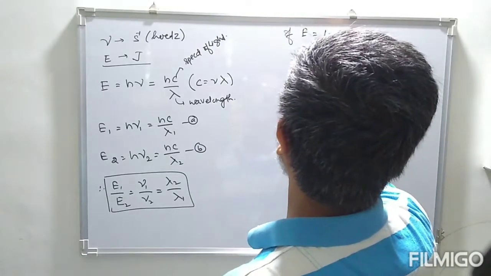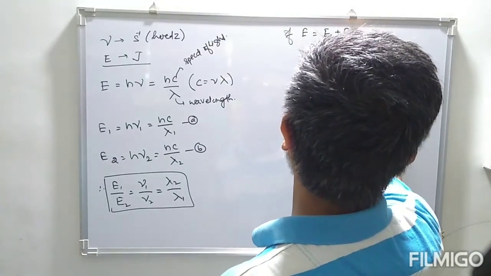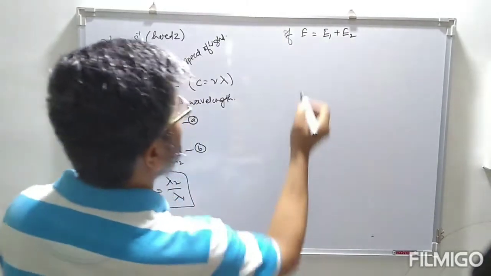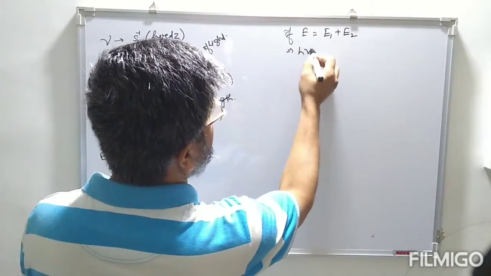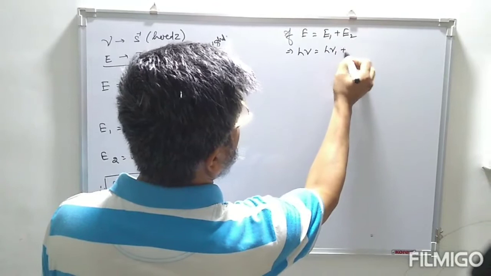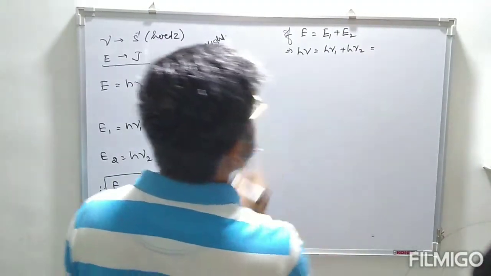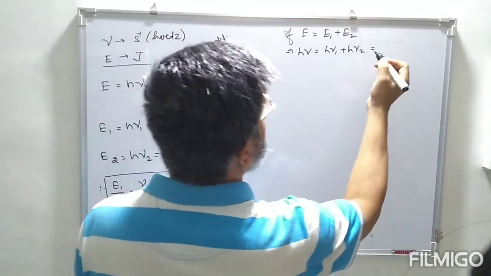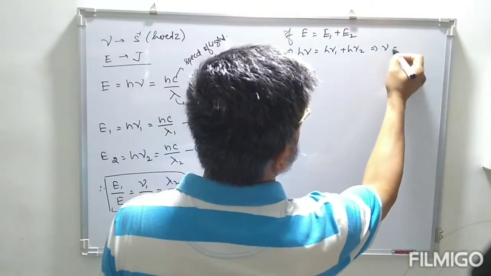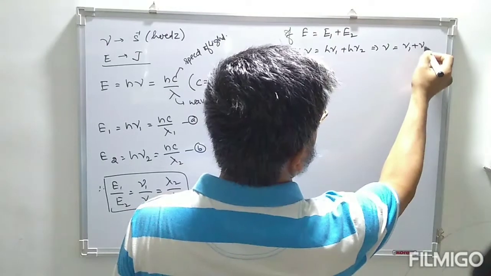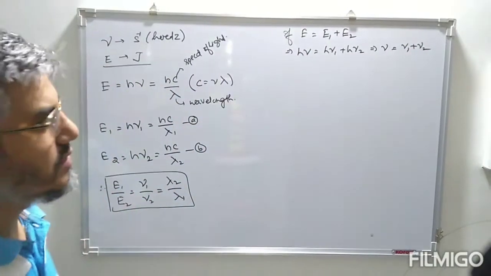Or if suppose we have E total equal to E1 plus E2, then look at this. Here h nu is equal to h nu1 plus h nu2. So nu is equal to nu1 plus nu2.